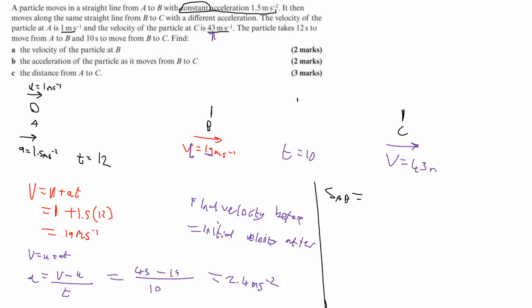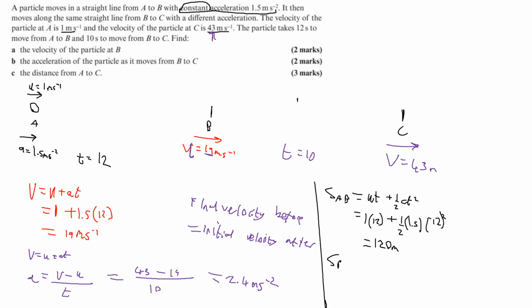So S is equal to UT plus a half AT squared, which is equal to 1 times 12 plus a half times 1.5 times 12 squared. And if we plug that into our calculators, we should get an answer of 120 meters.